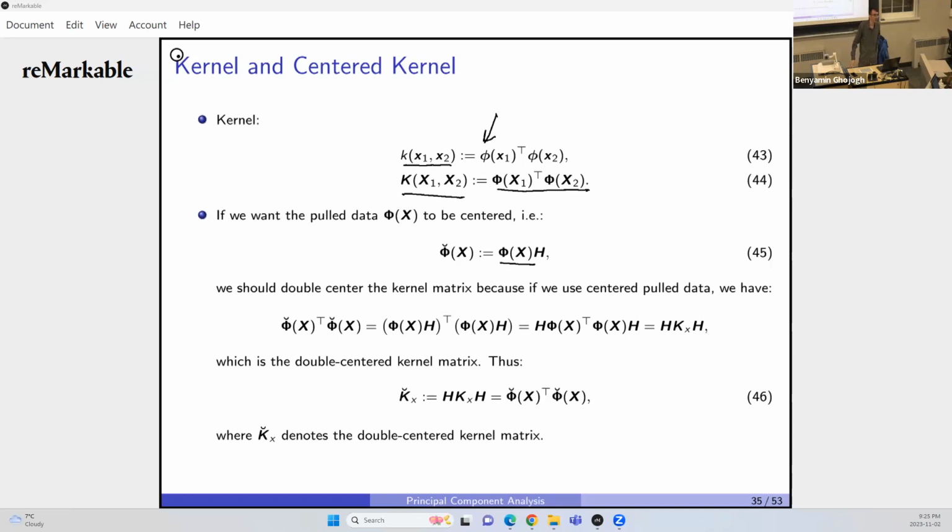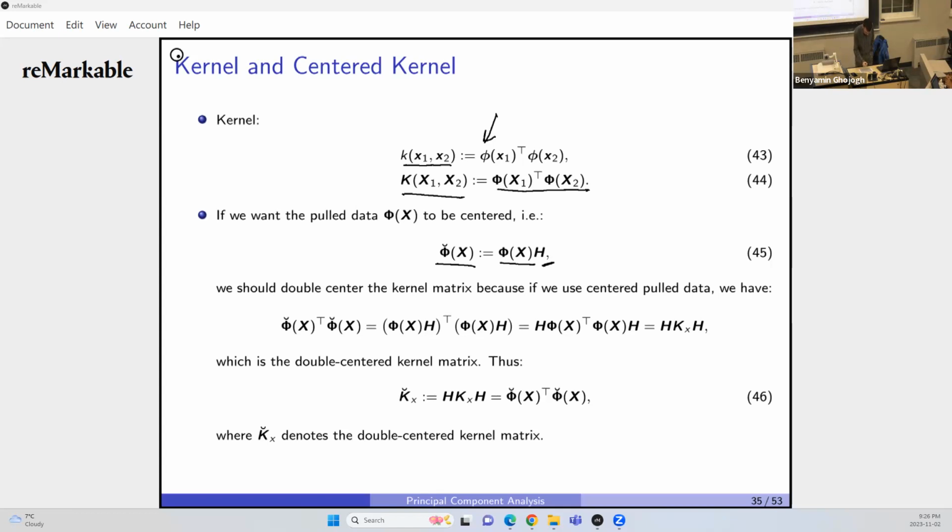So how do we center data? Phi times H. Agreed? When we said XH, it meant removing the means of the columns of X, so the means of the data. We did use XH in PCA a few slides ago. Now in kernel PCA, we need to have phi XH, right? H is the centering matrix. I denote it by phi breve X, right?